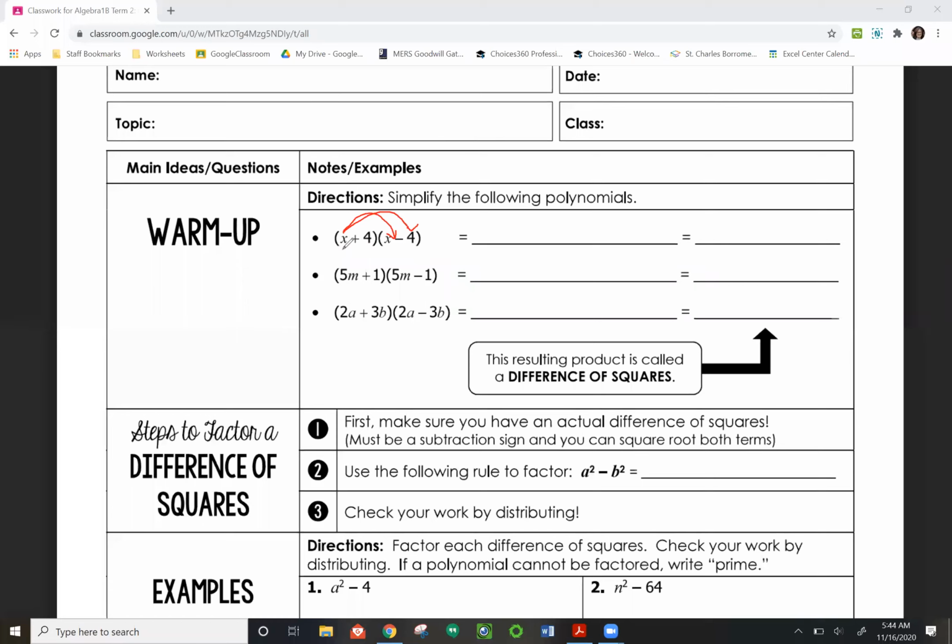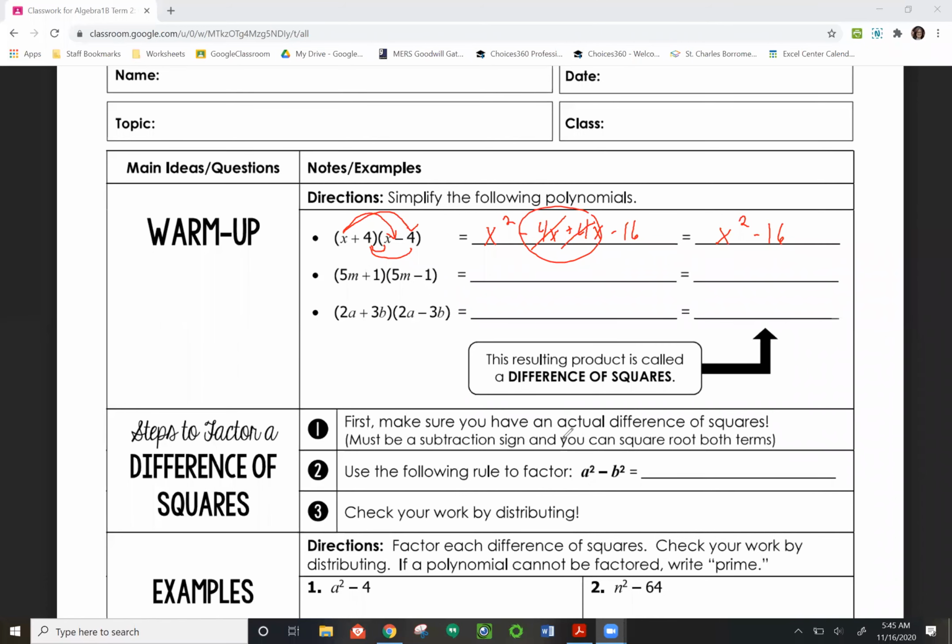Some of us like to use FOIL, okay, if we are doing a binomial times a binomial. So x times x is x squared. x times negative 4 is negative 4x. 4 times x is a positive 4x, and 4 times negative 4 is a negative 16. Combine these like terms, they actually end up going away, and you have x squared minus 16.